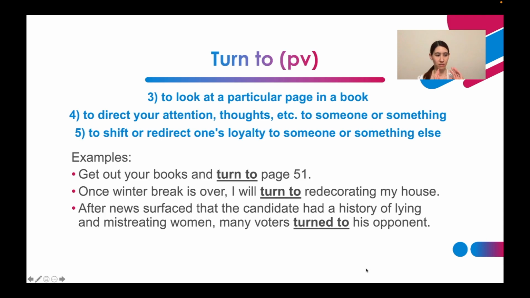So then instead of supporting that candidate, you're shifting or redirecting who you're going to support to the opponent. So instead of supporting the original person you wanted to vote for, now you're going to turn to and support the opposing candidate or another candidate instead.